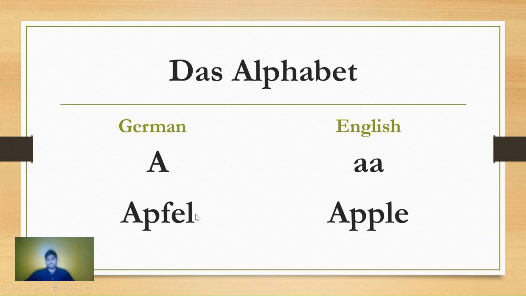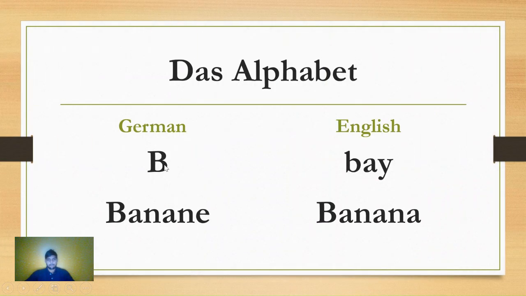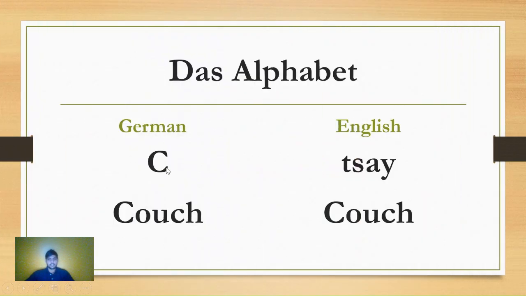Apfel, it means apple in English. Be, banana, it means banana. Say, couch. Couch, the sound is the same as in English, couch.